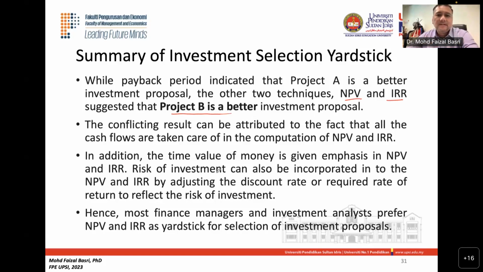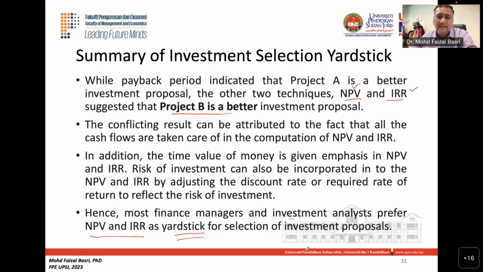So if you ask me which one to use to justify our usage, obviously we will always use NPV and also internal rate of return for our justification. Most finance managers and investment analysts will prefer NPV and internal rate of return as a yardstick, or as a benchmark, for selection of investment proposals.